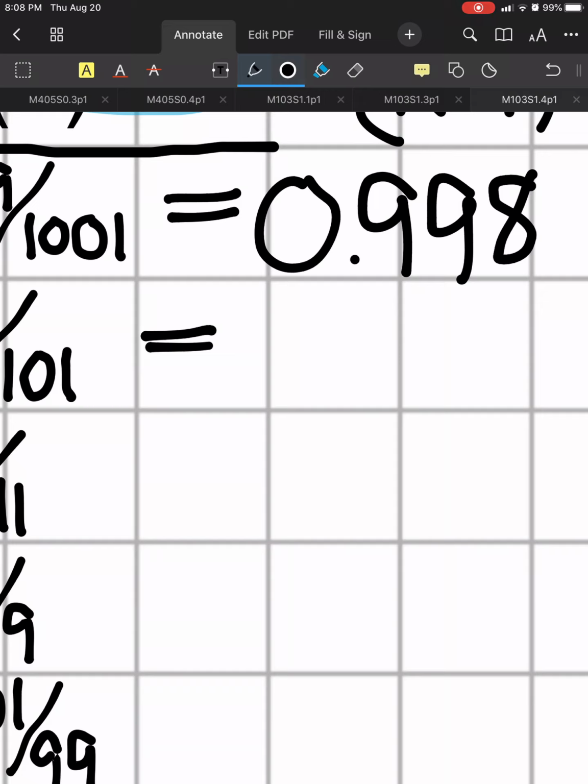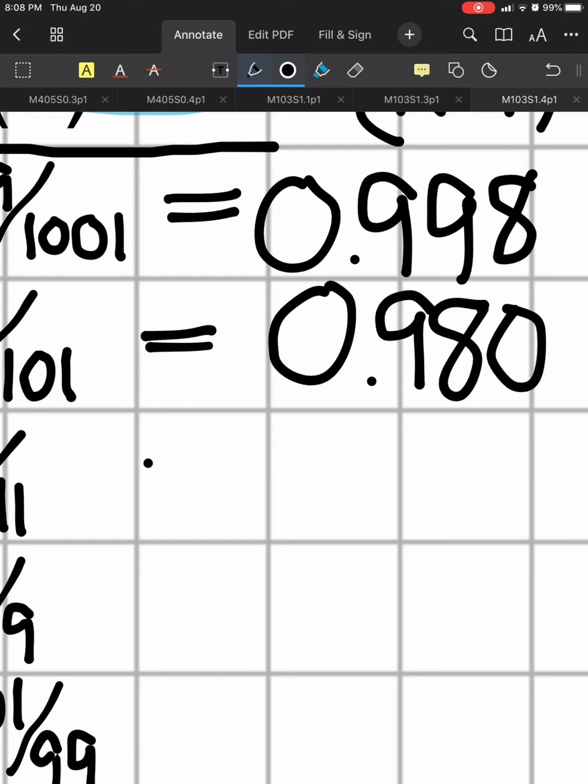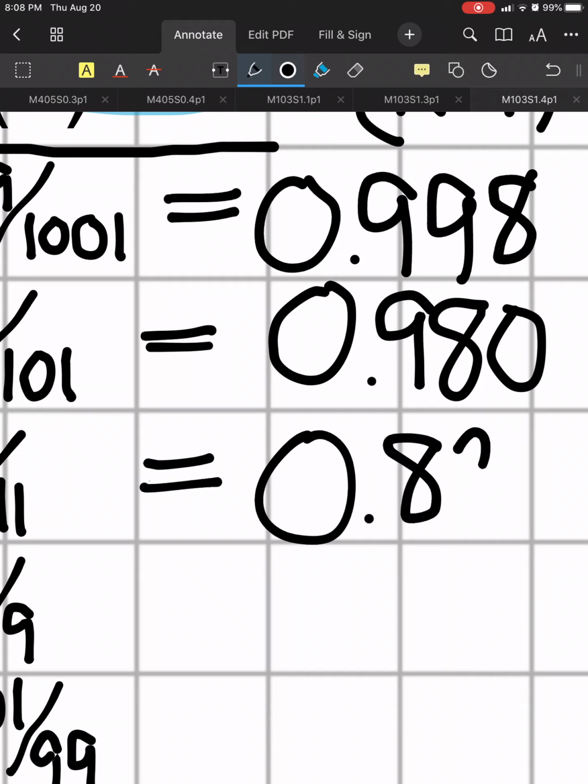That's 0.980. The next one's 9/11. That's 0.82. Let's make it 0.818. It is about 0.82, but we'll go ahead and get these exact if we can.